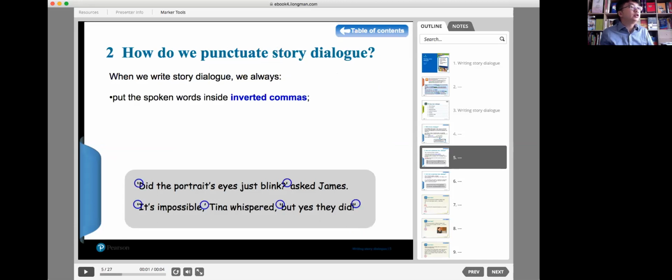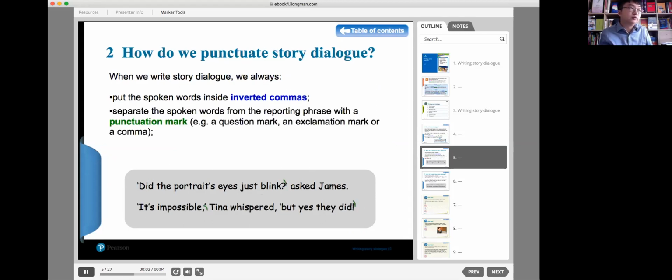So when we write story dialogues, remember, we always put the spoken words inside inverted commas. This, and this, and also this, we call them inverted commas. We put the spoken words inside the inverted commas.